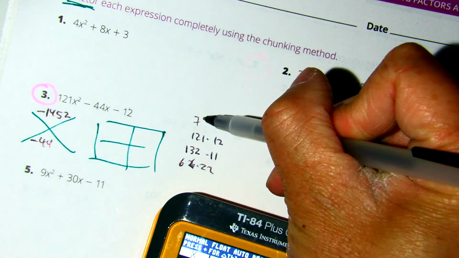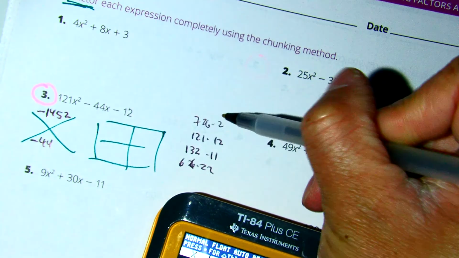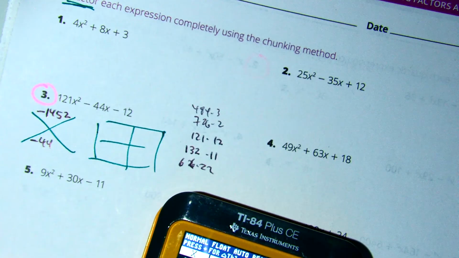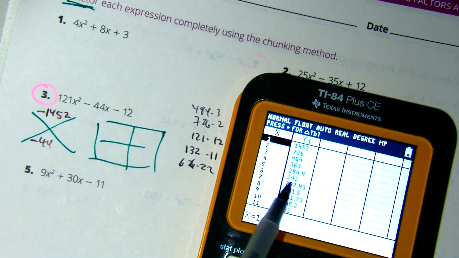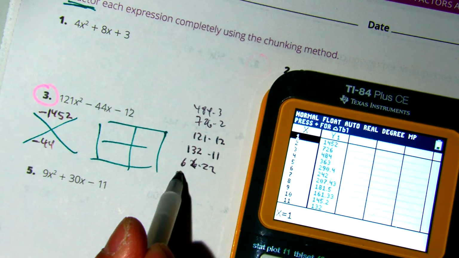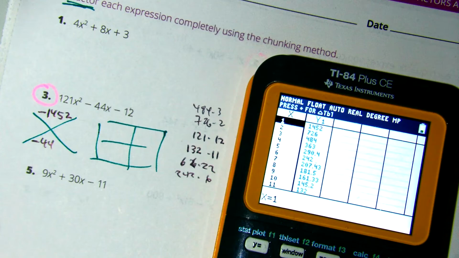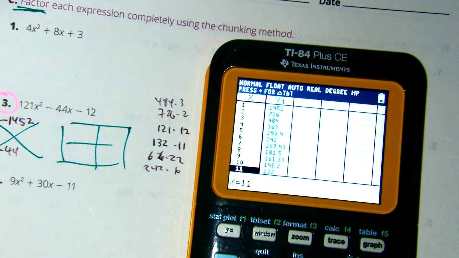I'm not going to list out all of these, but it basically punched out all the factors for me. And anytime it's a whole number, 6 times 242. 132 times 11, which we got. So I'm just looking for any other whole numbers. 12 times 121.